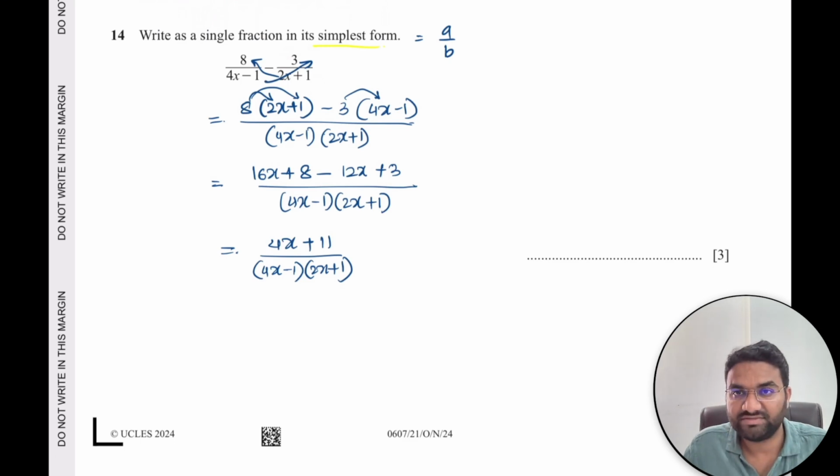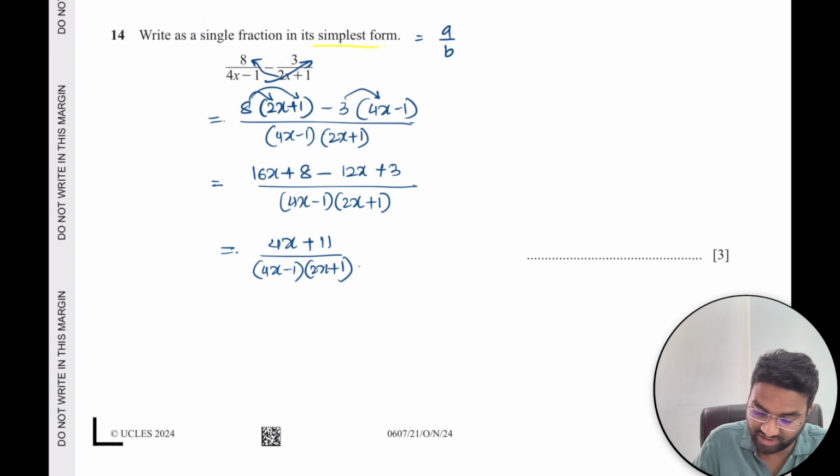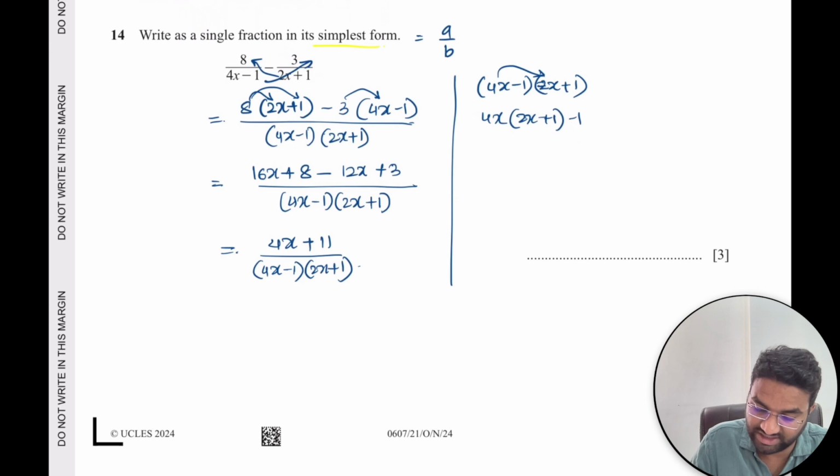And this is the simplest form of the answer. Even we can expand the denominator part. If you expand (4x minus 1)(2x plus 1), it will be 4x times (2x plus 1) minus 1 times (2x plus 1).